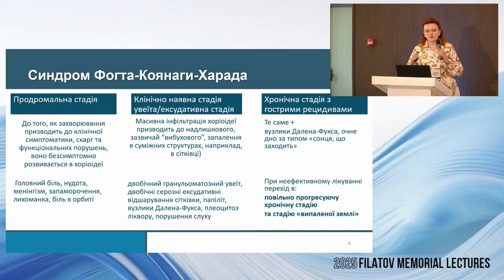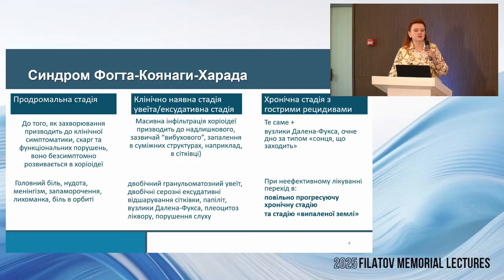This is papillitis, sometimes Dalen-Fuchs nodules, and sometimes ophthalmologists who are looking at the posterior area do not look at it as carefully as possible. Besides these symptoms, we can also see impairment of hearing at this stage.